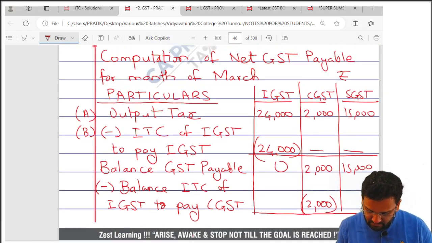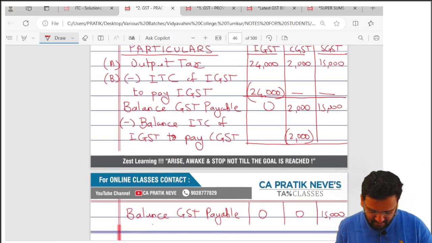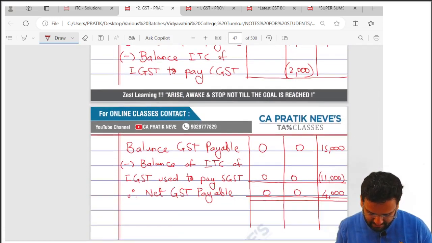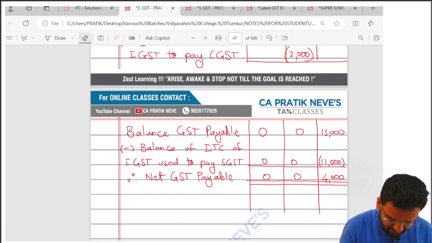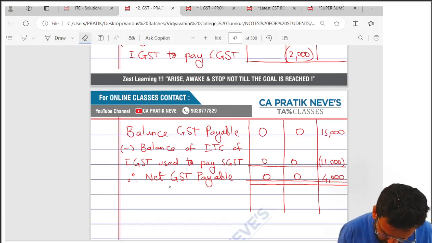ITC of? Oh, SGST is there. Who will use that? Acha. So how much is that? Use that then. Then this will become balance GST payable.